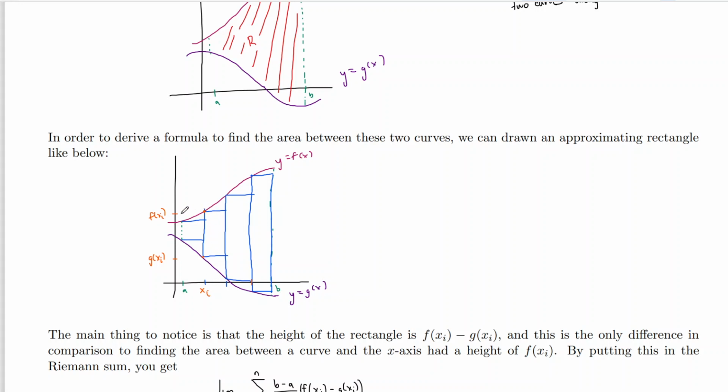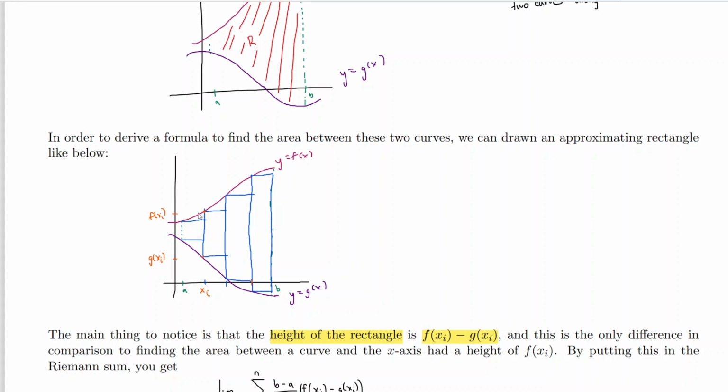The function value at the top is the f of x function, so this is f of x sub i. And the bottom, where the rectangle really begins vertically, is at g of x sub i, because the bottom curve is g of x. That means the height of the rectangle is exactly f of x sub i minus g of x sub i.